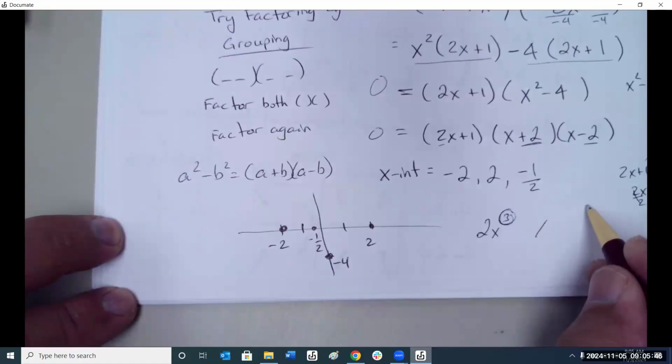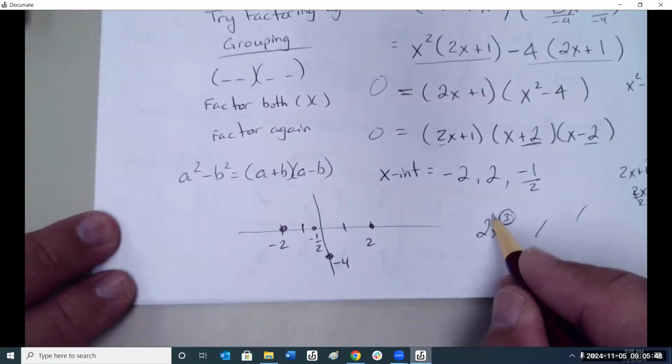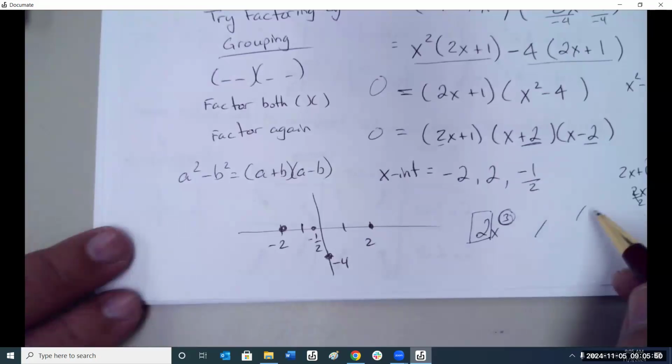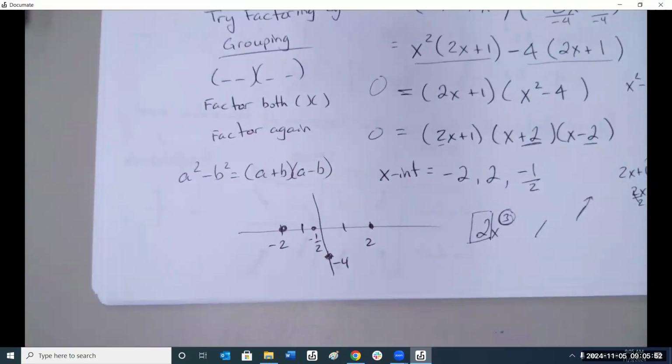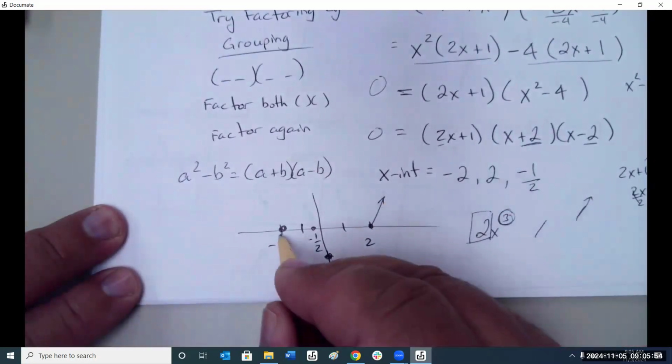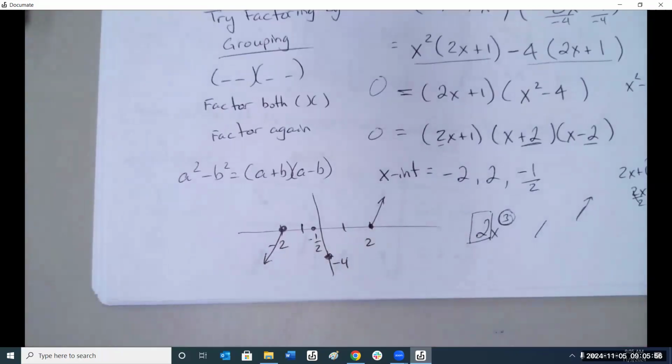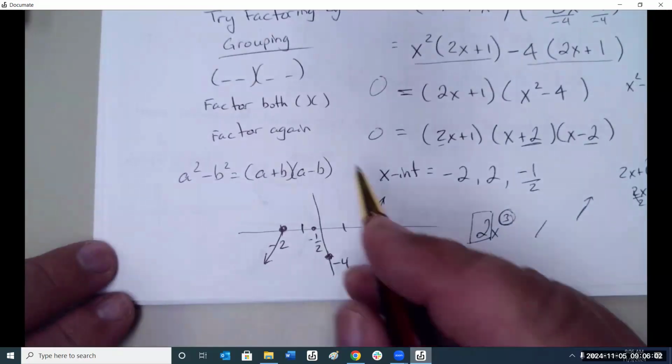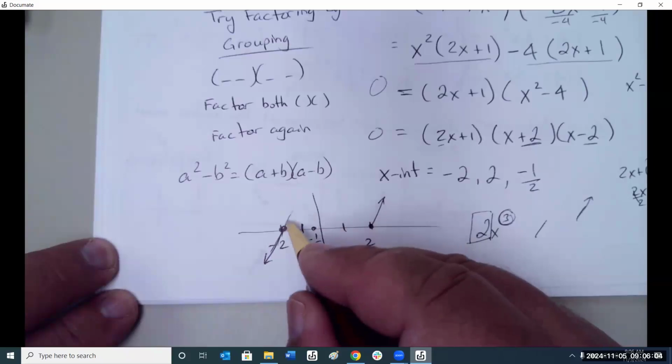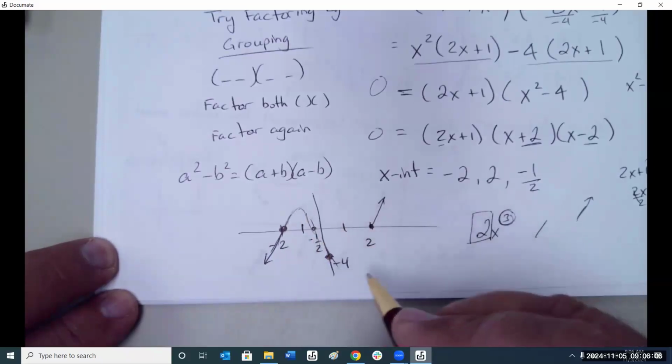So it means opposite directions. Leading coefficient is positive, so it's an increasing function. So it goes from here and down there. So the graph is going to look like this.